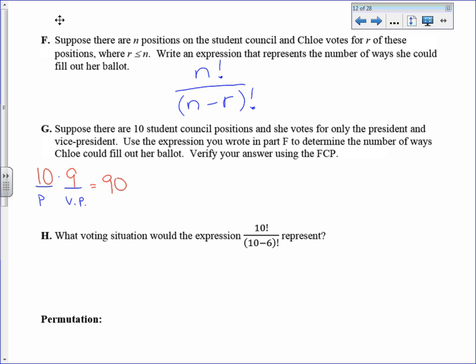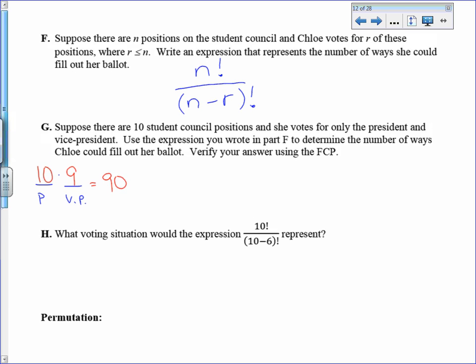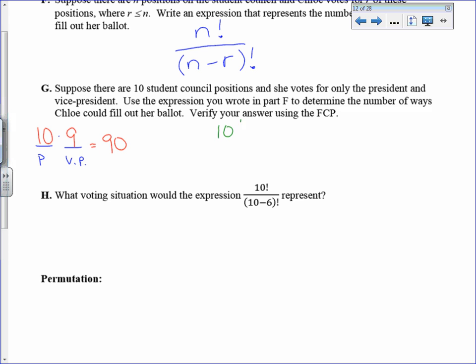If I use the formula I have up here, then I get 10 factorial divided by 10 minus 2 factorial. So that gives me 10 factorial divided by 8 factorial.